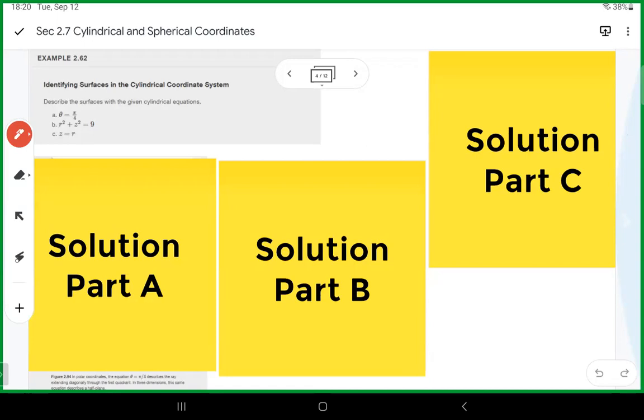So this slide says identifying surfaces in the cylindrical coordinate system. Describe the surfaces with the given equations. So we have theta equal to pi/4. Then theta is held constant while r and z are allowed to vary. So the result here is going to be a half plane.